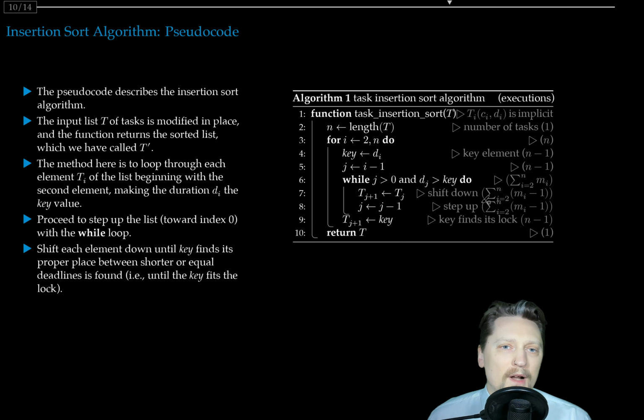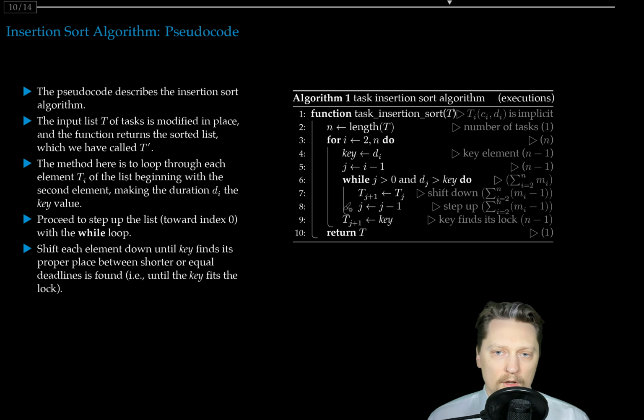The insertion sort algorithm, here is the pseudocode. The pseudocode describes the insertion sort algorithm. We have task insertion sort. We have the length of our task list, n, number of tasks. We have a for loop that starts at i equals 2 and goes to i equals n.